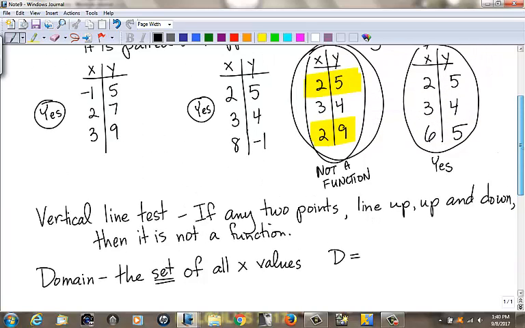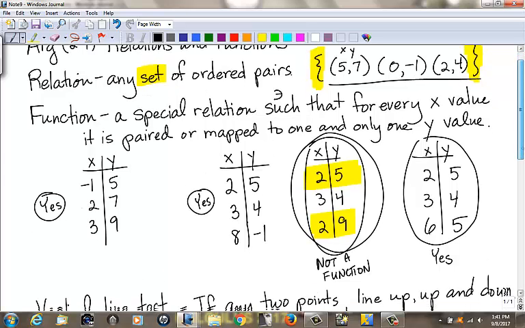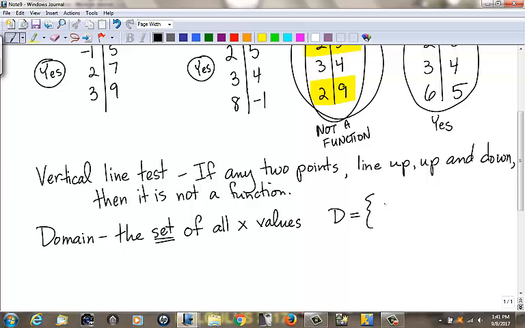If I'm going to use the example up above, the x values are the 5, the 0, and the 2, the first values in each one of those. So you have to put it in a set: 5, 0, and 2. And if they repeat, you don't have to write them twice.